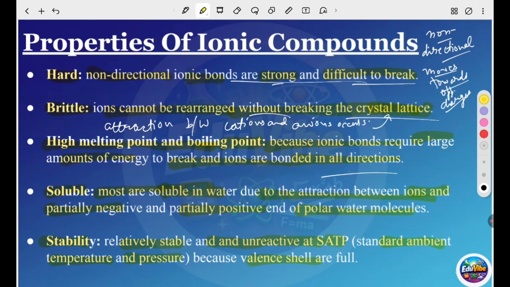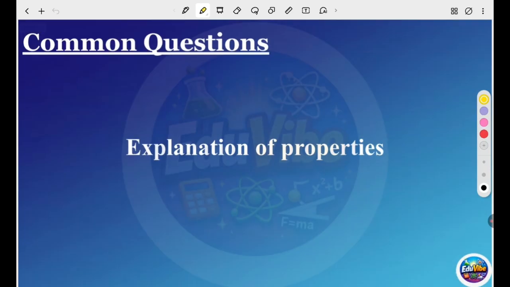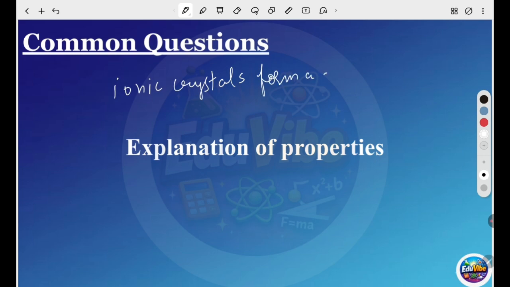What type of questions do you get? Generally you get questions related to the explanation of the properties. For example, why do ionic crystals form a crystal lattice? Explain why.